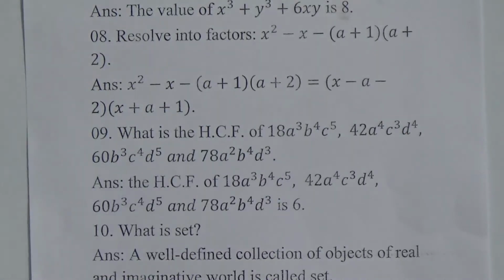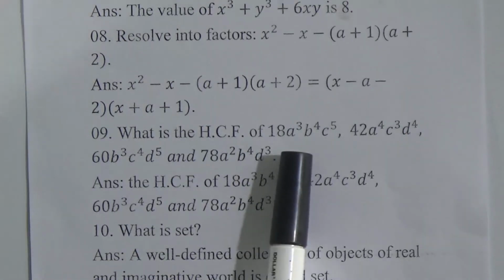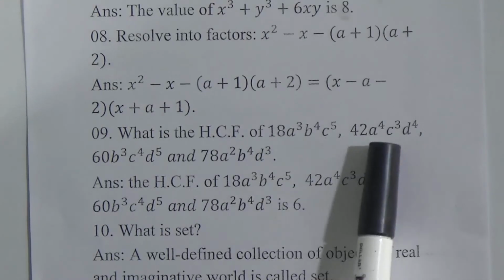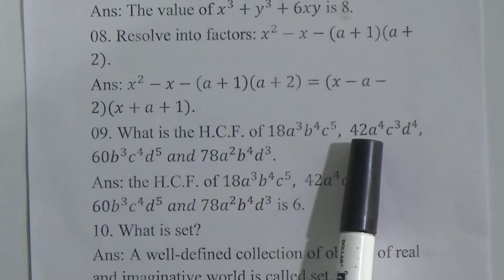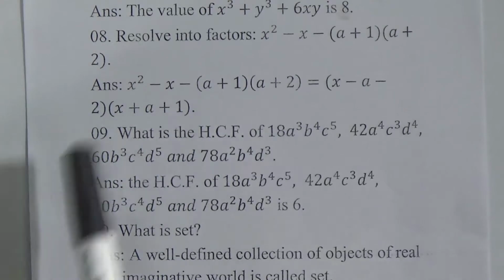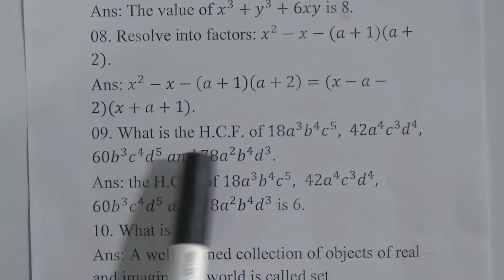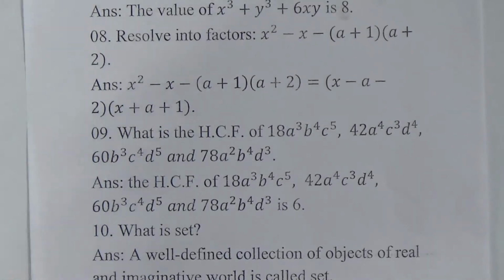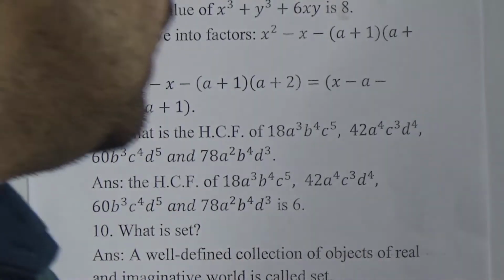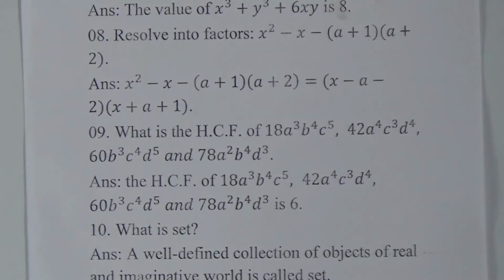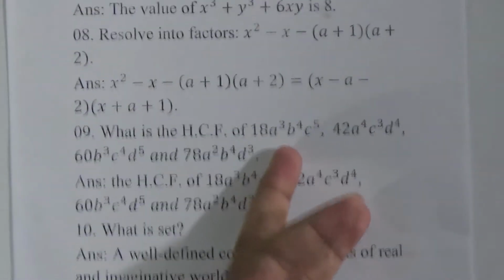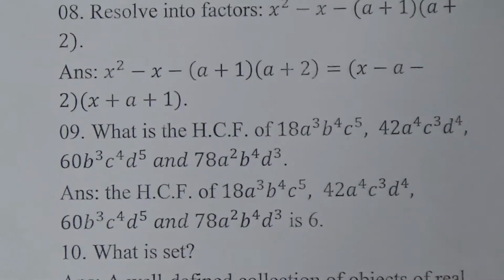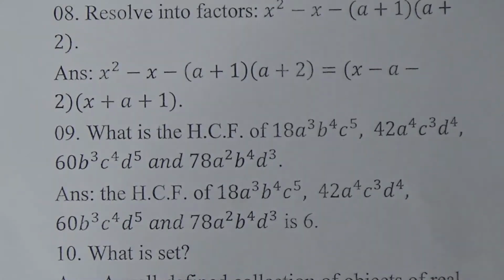Dear students, now see here, in the first term there is no d, in the second expression there is no b, in the third expression there is no a, in the fourth expression there is no c. It means that in the given expressions, each one is lacking a variable.